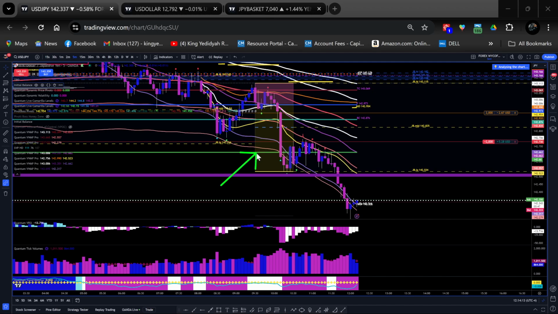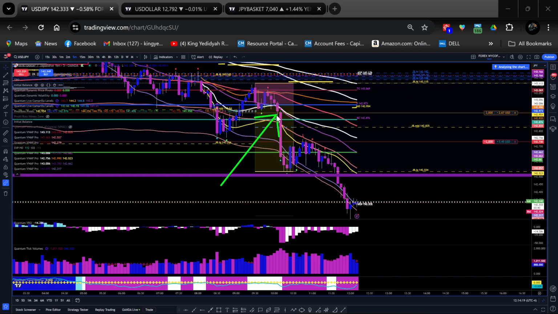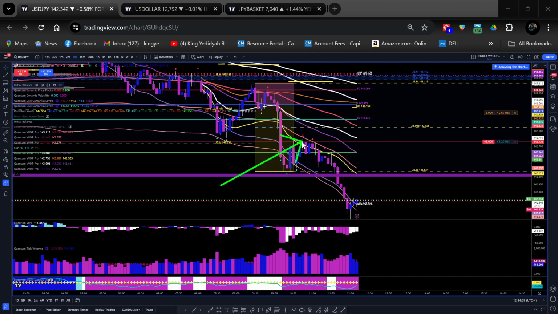This is Camarilla S3. It was supposed to provide support, but given the weakness and the setup of the US dollar versus the Japanese yen, with the US dollar losing strength right now, I decided to opt for not a reversal, but what I call a 360 fire strategy, right?